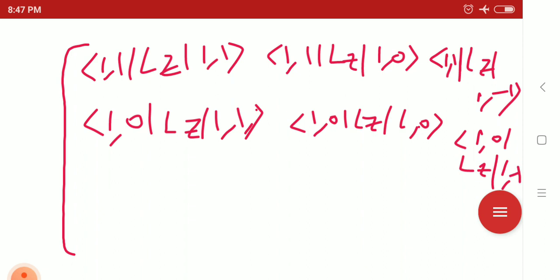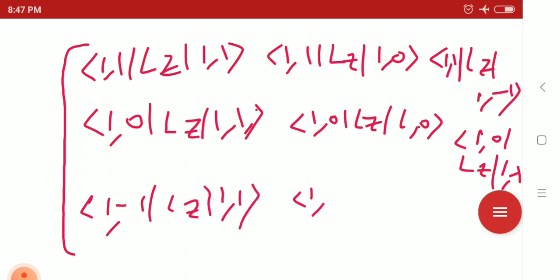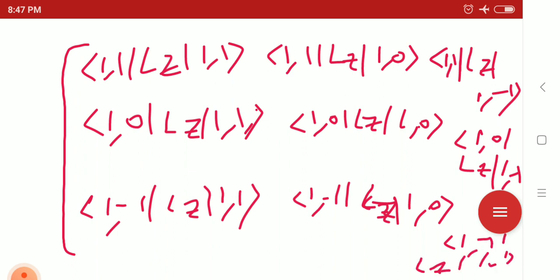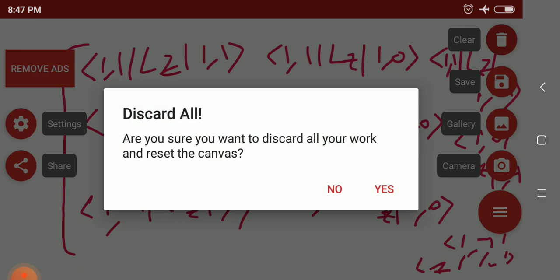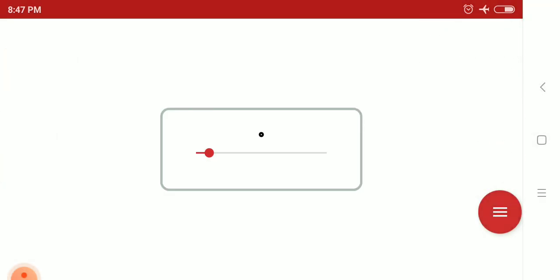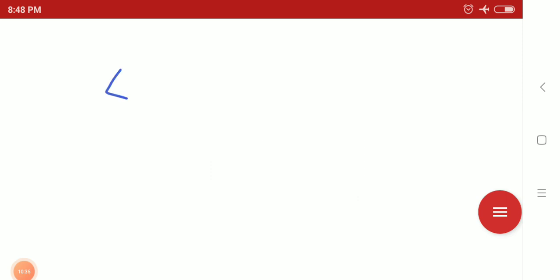Similarly here it was 1 minus 1, so 1 minus 1 LZ 1 1, 1 minus 1 LZ 1 0, 1 minus 1 LZ 1 minus 1. So we can write properly. So let's calculate the element values.